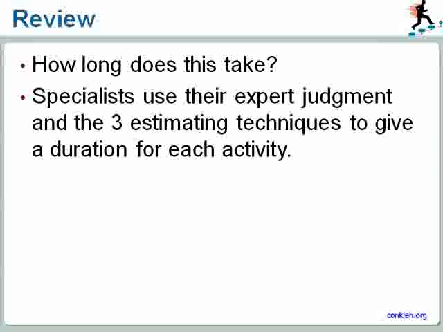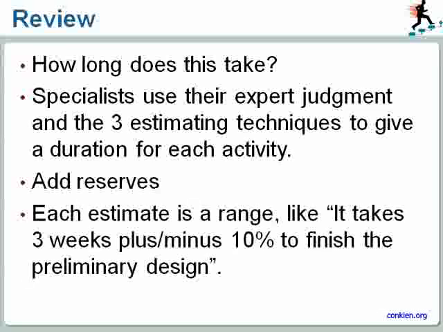You can then decide to add certain reserves on top of that, and you will document these estimates in the activity attributes. And very important, each estimate is a range, like it takes 3 weeks plus minus 10% to finish the preliminary design. And this concludes our overview of estimate activity durations.